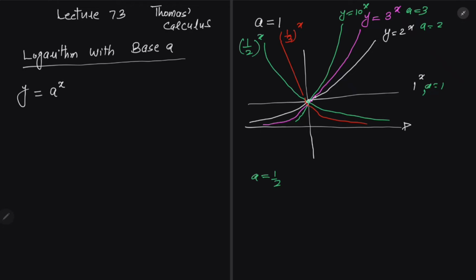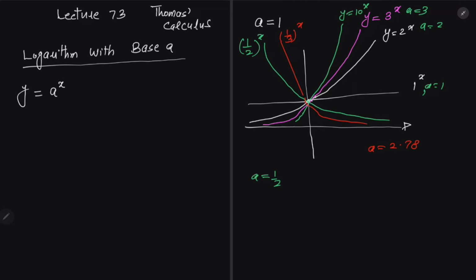So that's how changing values of a gives you different functions. And remember that when a is 2.78, we get the exponential function, which lies somewhere between 2 and 3. Now the main question is how we can find the inverse of a raised to power x.